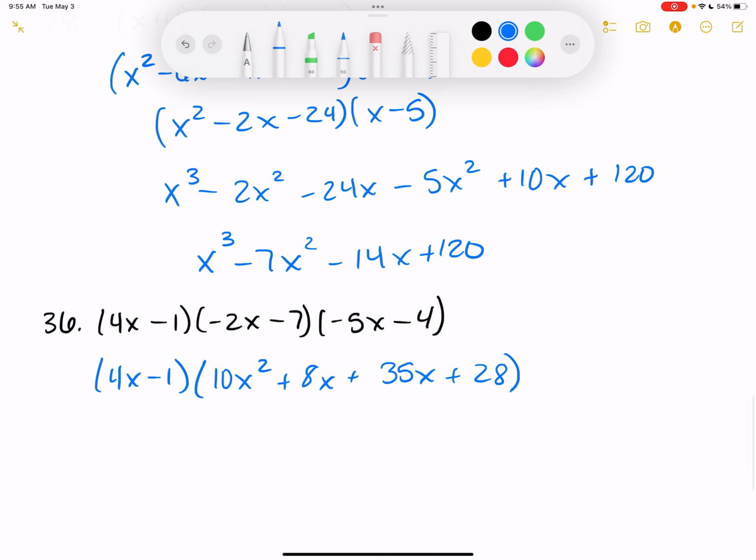So then 4x minus 1 times, I need to rewrite this middle term combined: 10x squared plus 43x plus 28.